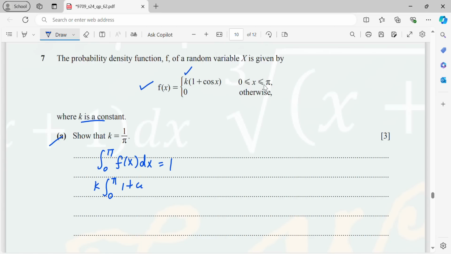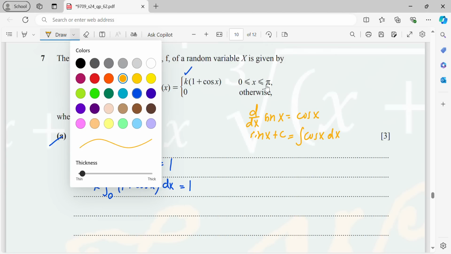Then here 1 plus cos x dx equals to 1. Now, for your information, when you integrate cos, right, we know that differentiate sine is positive cos. So when you integrate cos, that is sine x, because integration is the reverse process of differentiation. And integrate 1 dx, that is just x.